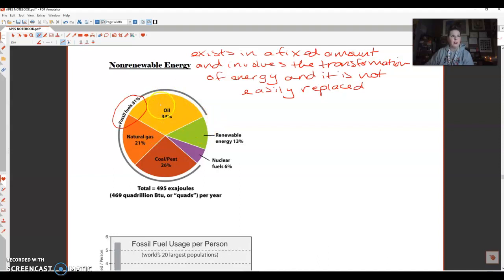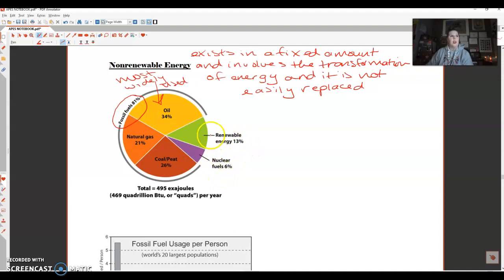But by looking at this pie chart, you can see that oil is the most widely used. Okay, so oil gets used for lots of different things. Our primary use for oil is transportation. Now you can see renewable energy is only used globally 13%, and then we have 6% as nuclear energy.